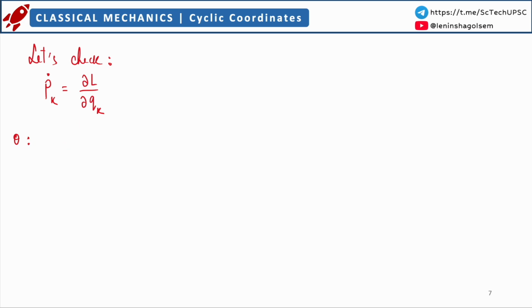Here let me write down the Lagrangian so that we don't have to flip back again: half ml square theta dot square plus half ml square sine square theta phi dot square plus mg l cos theta.